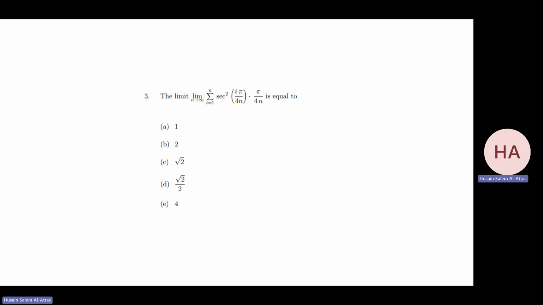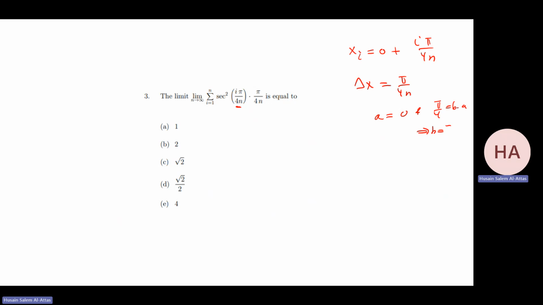Secant is this. Very clear, I will put this x i. So x i is 0 plus i pi over 4n. And delta x is pi over 4n. Okay. So now a equals 0. So this a equals 0. And pi over 4 is b minus a.